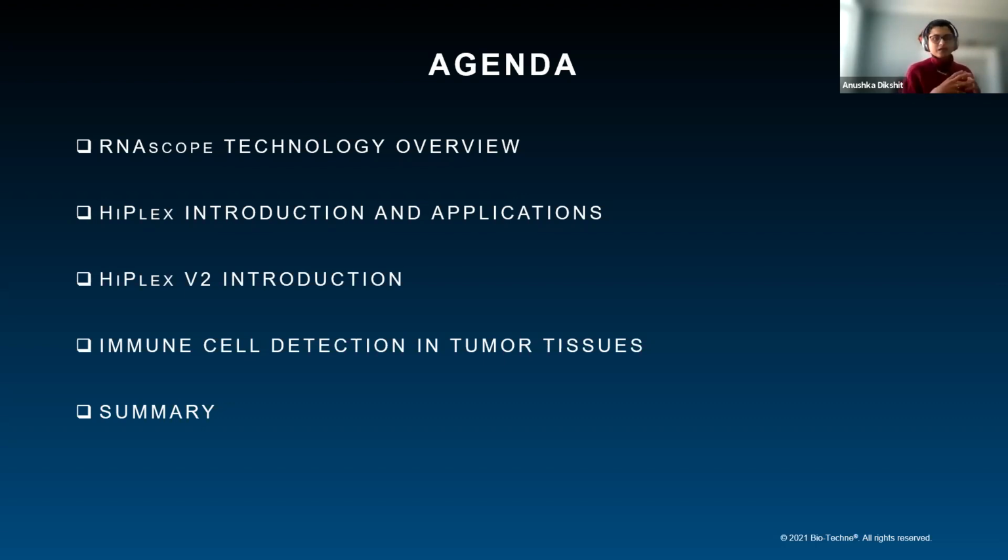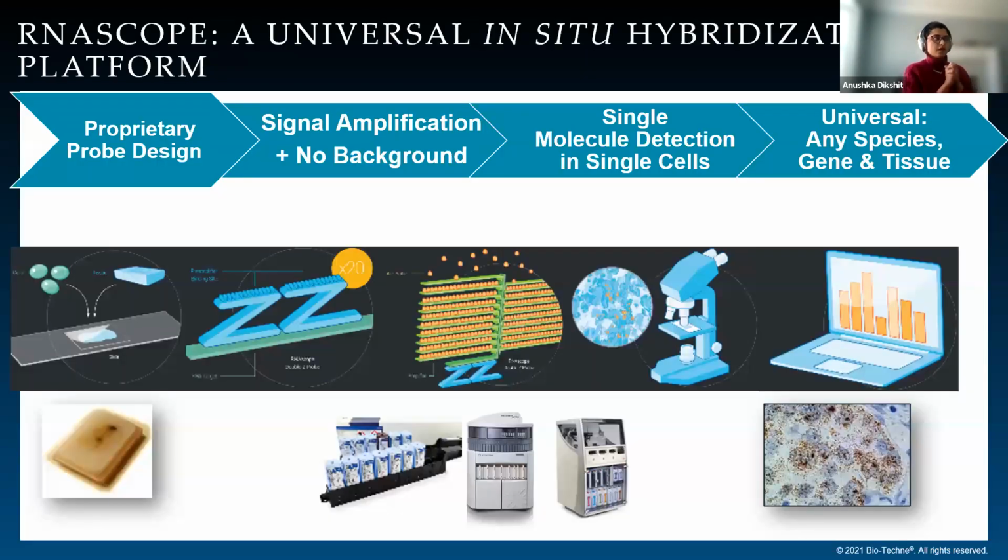So let's start by doing a very quick overview of the RNAscope technology. A lot of you might already be familiar with this technology, but for those of you who haven't heard of us, we are an in situ hybridization platform primarily, and we were designed to overcome some of the tedious limitations of a traditional ISH assay, which prevents you from getting very specific signal, or a lot of the times these assays are marred by very high level of background and non-specific staining.